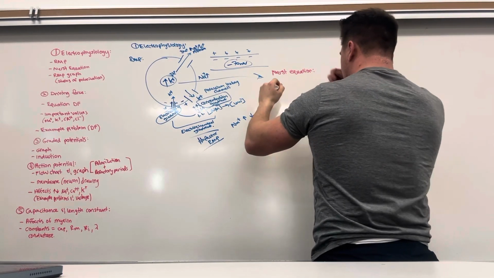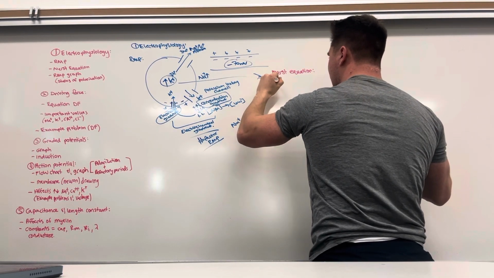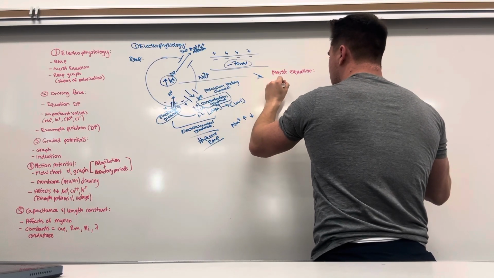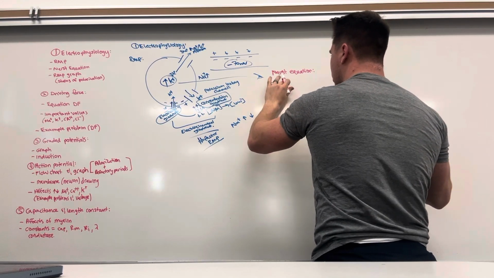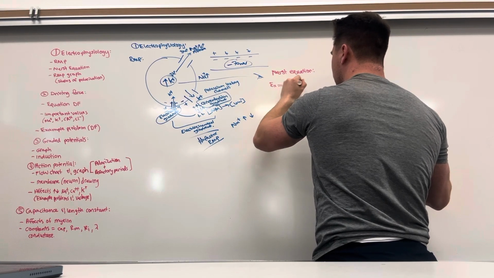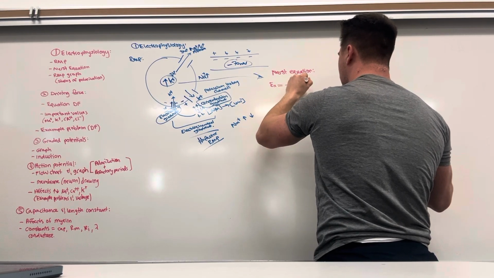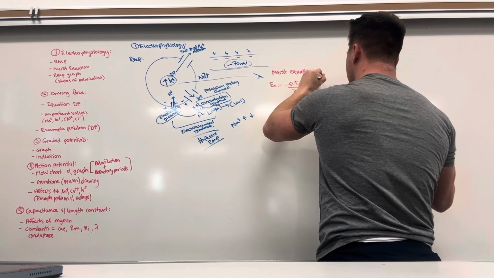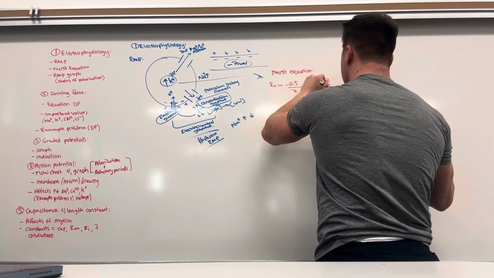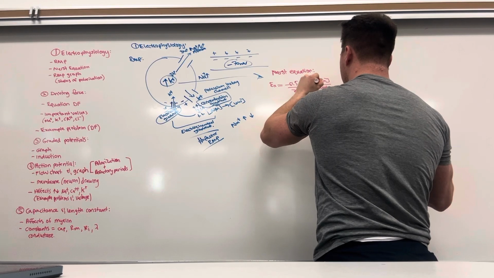Ex, that desired resting membrane potential, equals -61.5 over Z log of the concentration of potassium in over the concentration of potassium out.